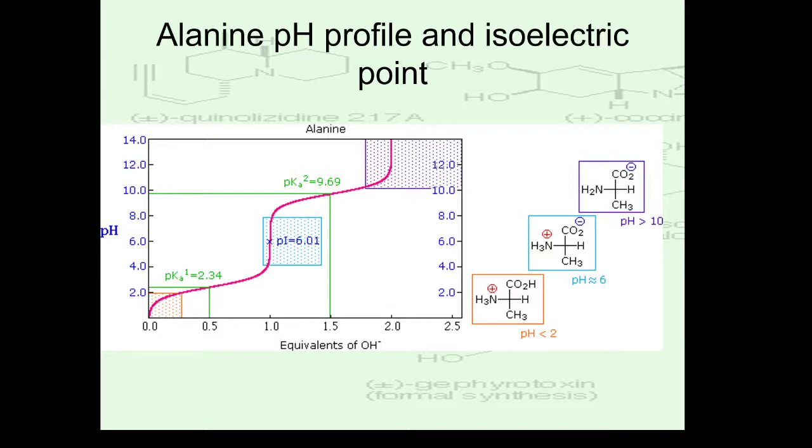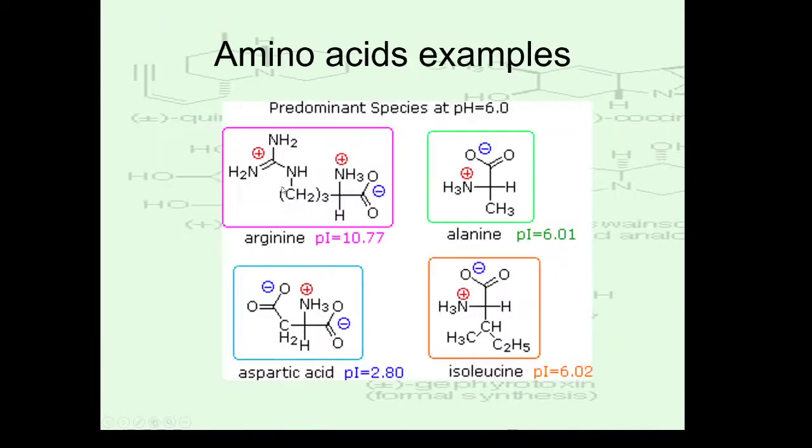So the key to finding our isoelectric point is to have our charges equal out across the molecule.